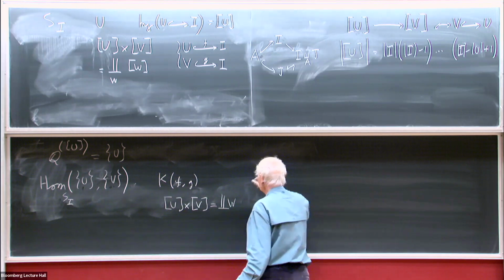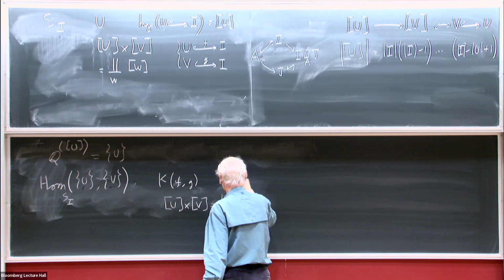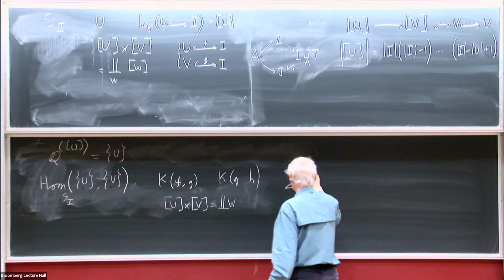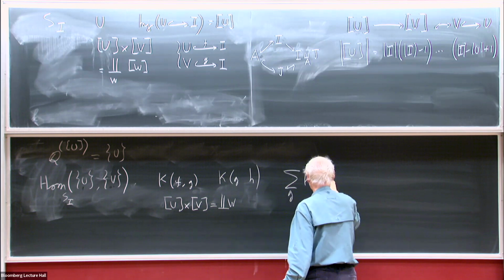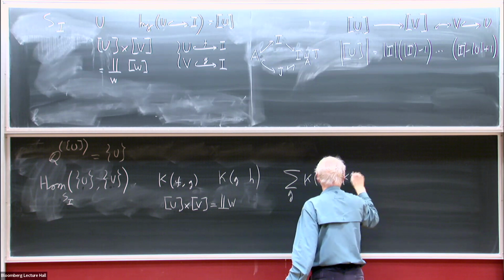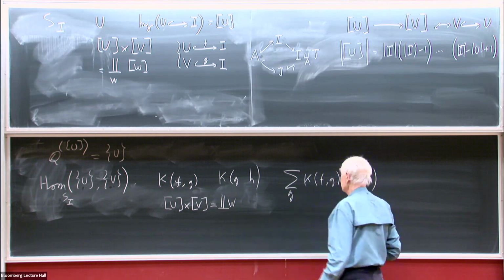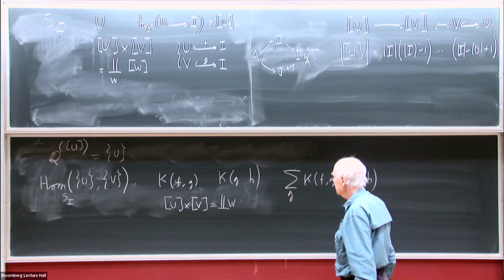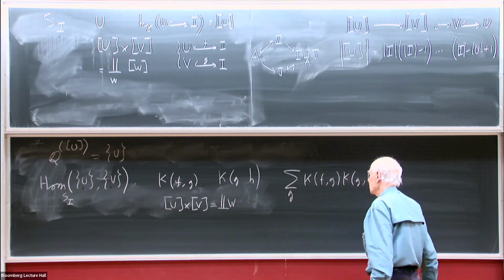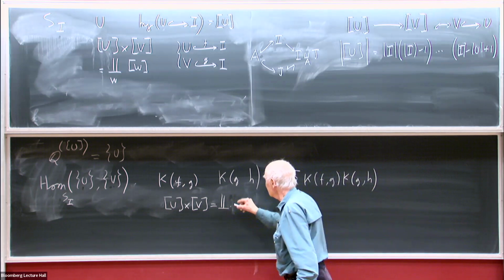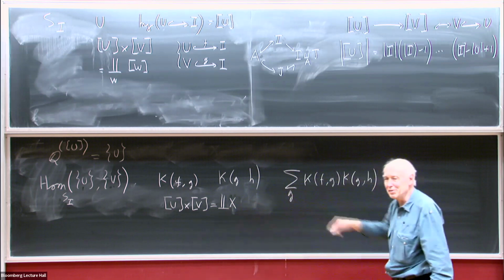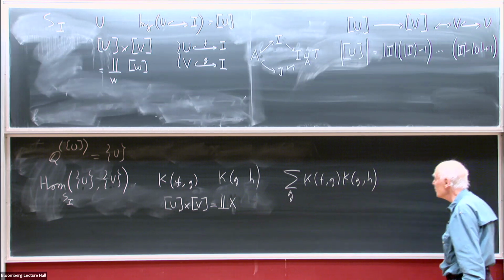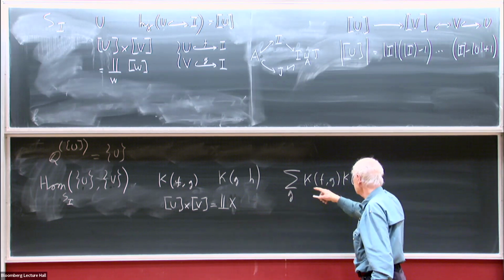If you have two kernels, K(F, V) and K(V, H), I need to look at the sum over G of K(F, G) K(G, H). Now, the amalgamation will be called X instead of W, because I have three objects and I keep W. So what do I have here?